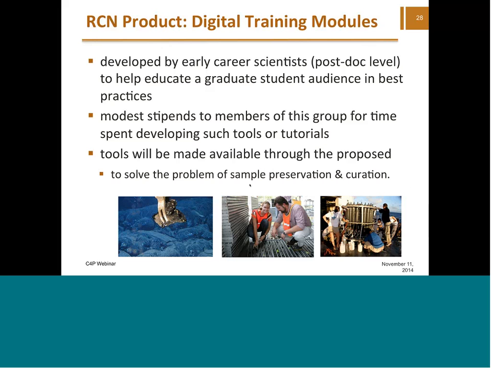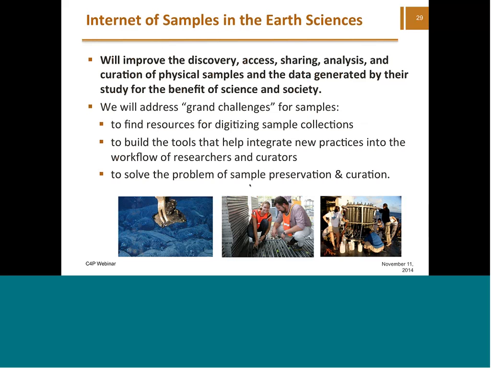So that was it. I hope that we will achieve our goal with this RCN to improve discovery, access and sharing of physical samples, and we clearly will try to address as much as we can some of the grand challenges that are out there beyond all the best practices that we've already mentioned and software tools and so on.